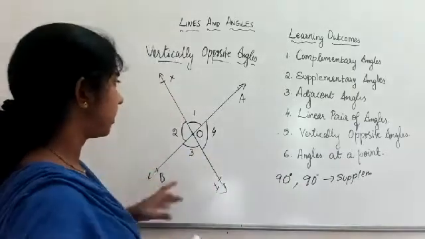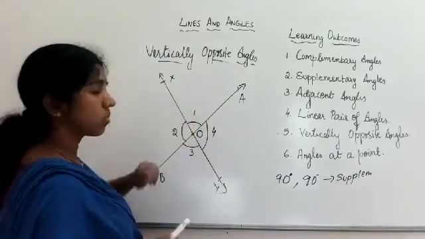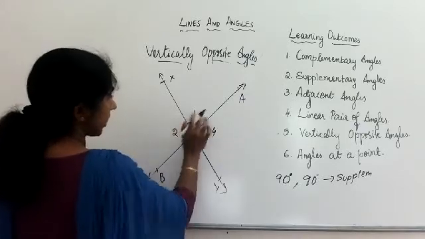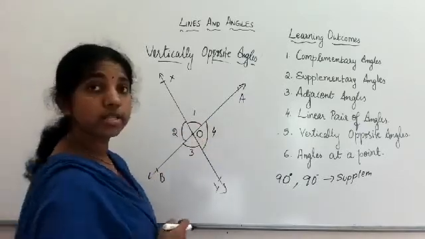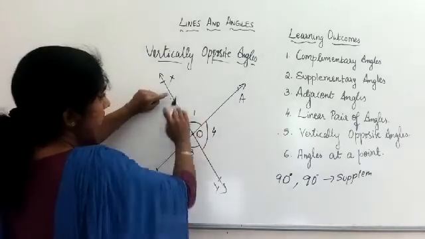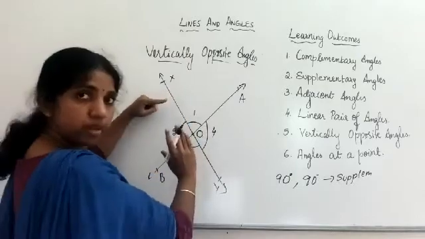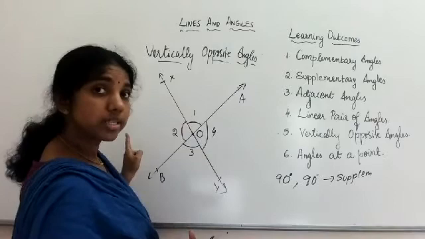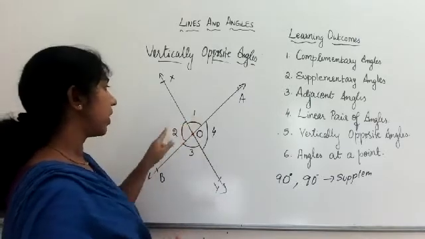Now 1 and 2. What type of angles are 1 and 2? Just look at angle 1 and 2. We know that angle 1 and 2 have a common arm OX. So these are not vertically opposite. We have given a different name to it: adjacent angles. Angle 1 and 2 are adjacent angles.